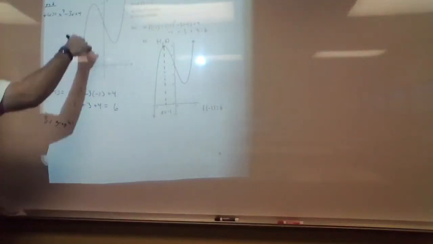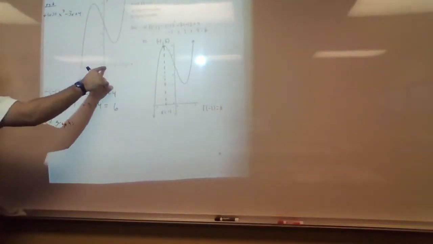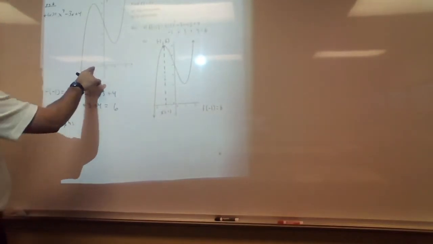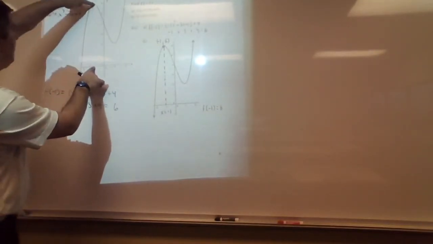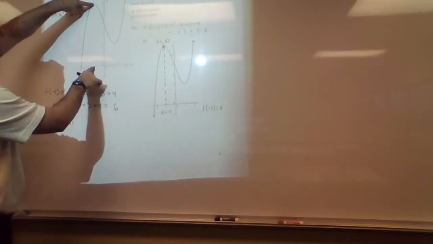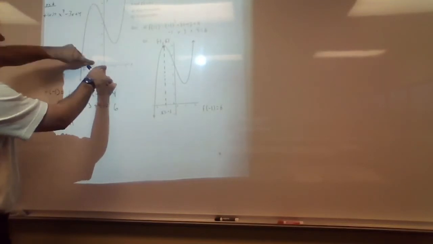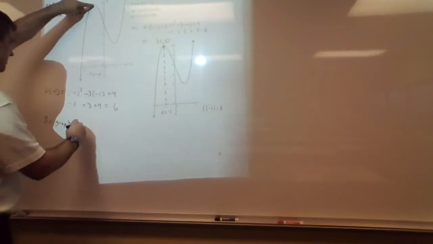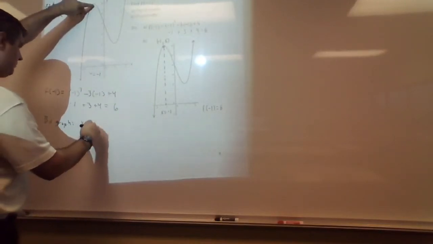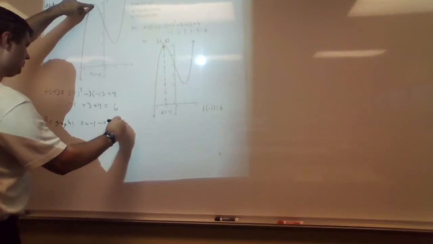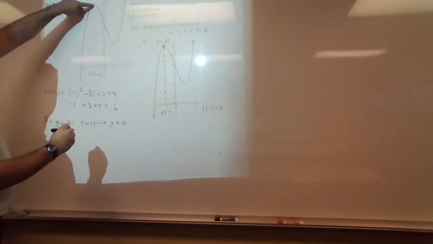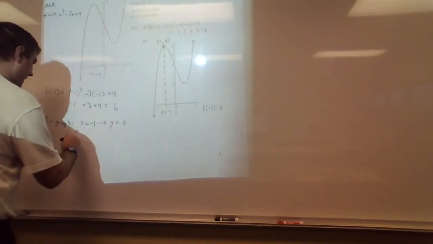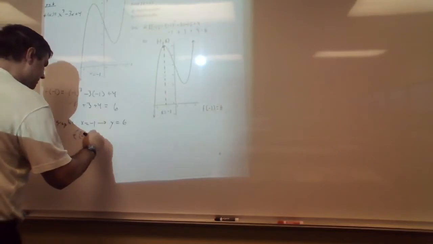I will go up or down to meet the curve, so x equals negative 1, and then I will go straight up, and the y coordinate is 6. So at x equals negative 1, y is 6. So f of negative 1 is 6.